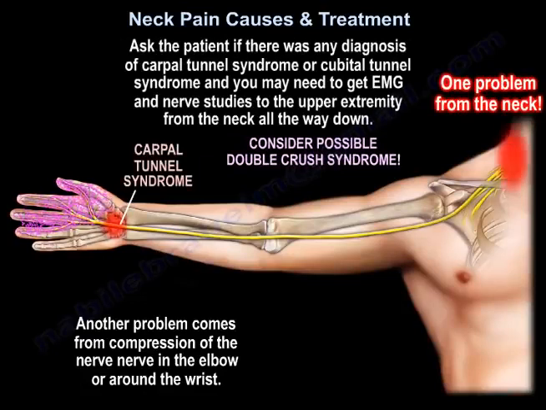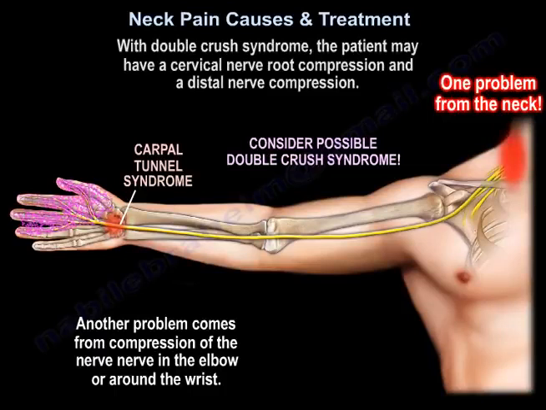Ask the patient if he had any diagnosis of carpal tunnel syndrome or cubital tunnel syndrome, and you may need to get imaging and nerve studies of the upper extremity from the neck all the way down. The patient may have a cervical nerve root compression and a distal nerve compression.